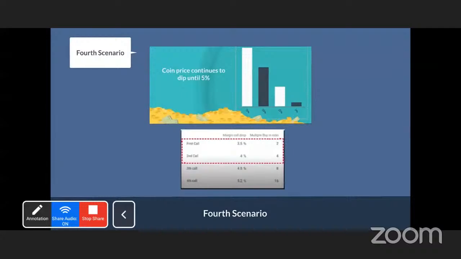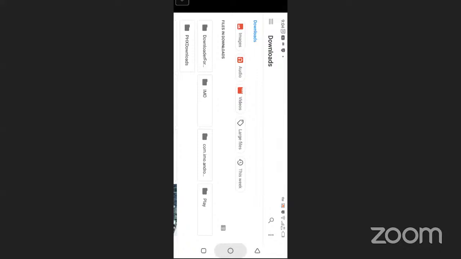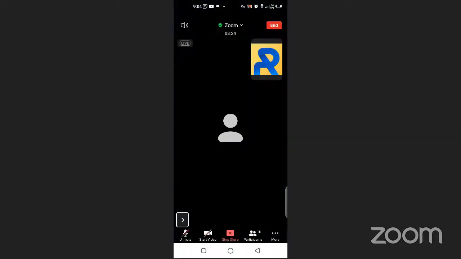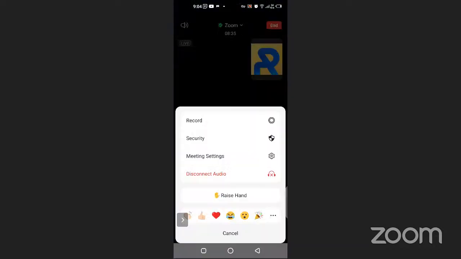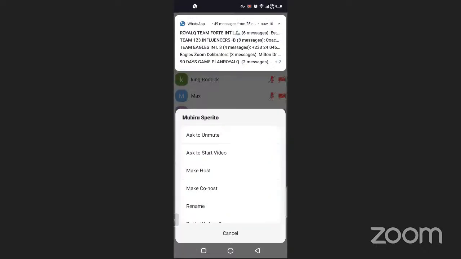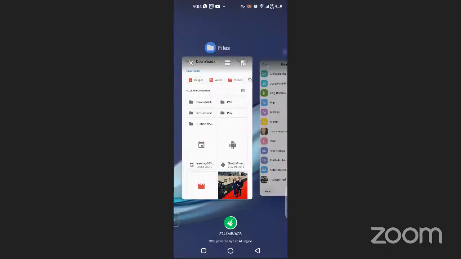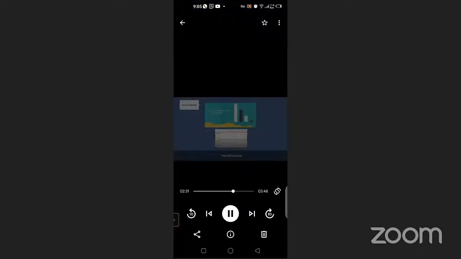The bot will trigger the margin first call. Call and will trigger the second call as well.